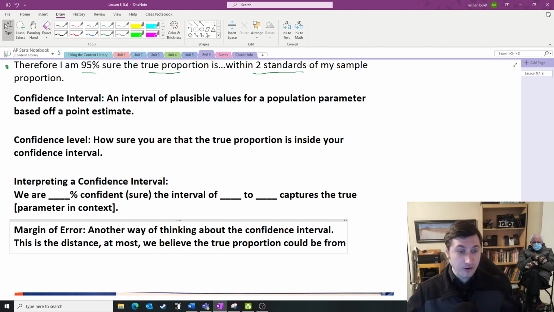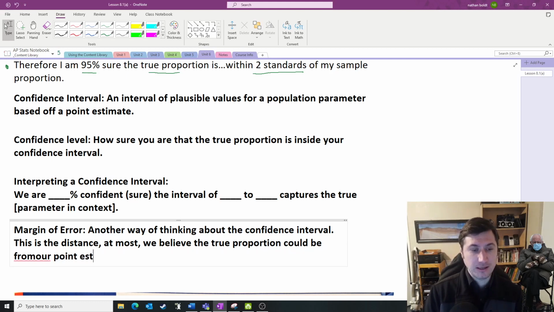All right, how far, at most, do we think the true proportion could be from our point estimate at a certain confidence level?